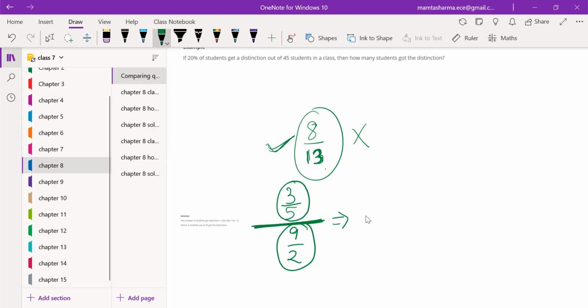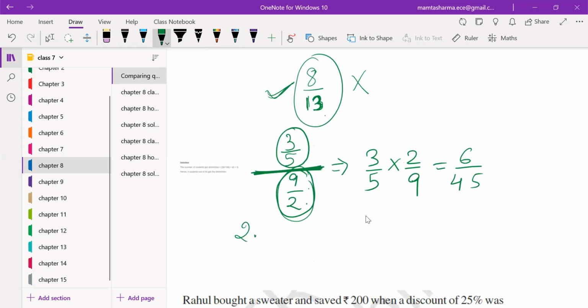If two quantities are in a division, then the division sign will change into multiplication and the denominator part will get reversed. So this would be 3 into 2. Now you can multiply the numerator with the numerator and denominator with the denominator.